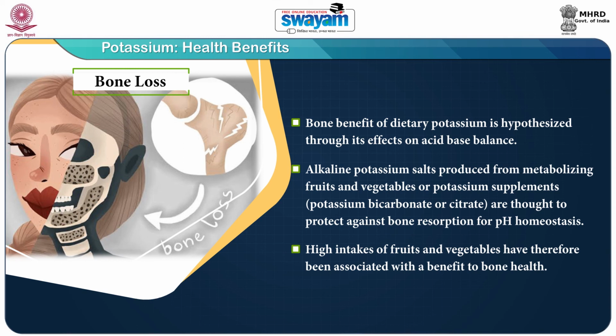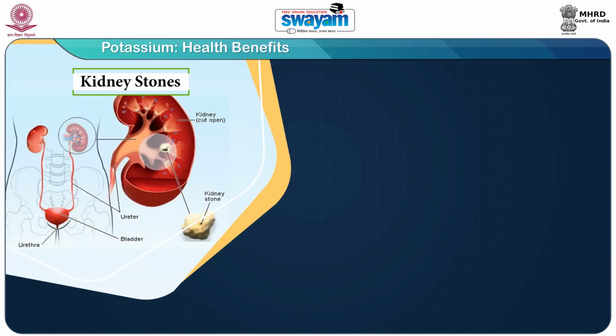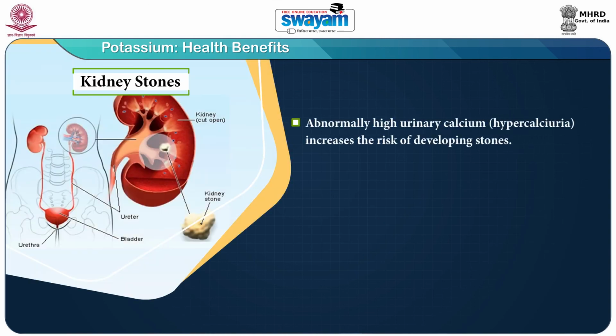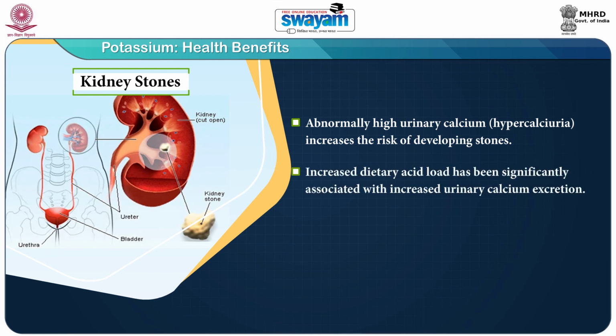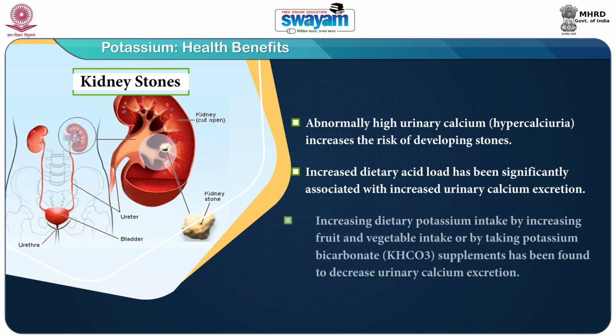Now, coming to the role of potassium with respect to kidney stones. Abnormally high urinary calcium leads to a condition known as hypercalciuria, which increases the risk of developing kidney stones. Now, increased dietary acid load has been significantly associated with increased urinary calcium excretion.